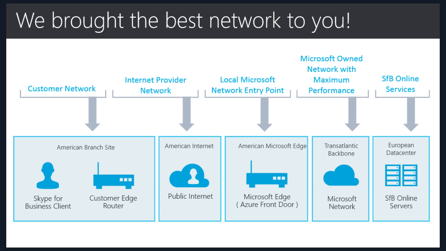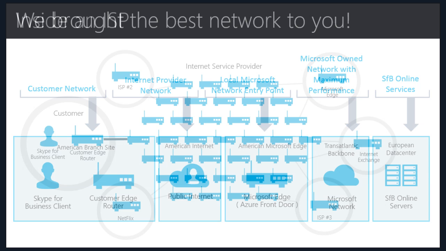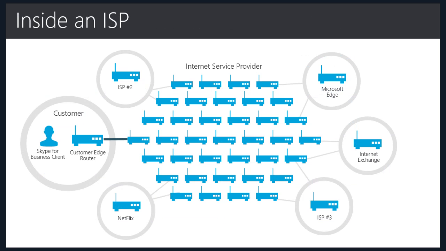So let's talk a little bit more about that ISP. The way an ISP works is that every ISP is connected via a lot of internal routers to an internet exchange. However, that ISP needs to pay for any traffic going over the Internet Exchange.